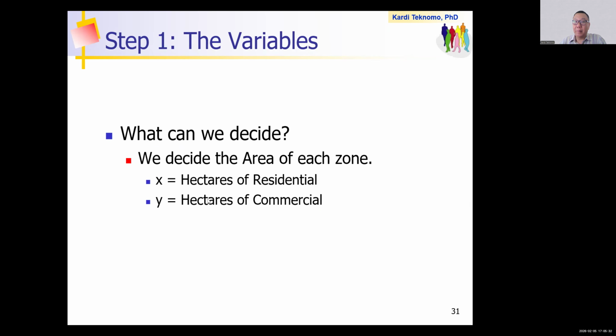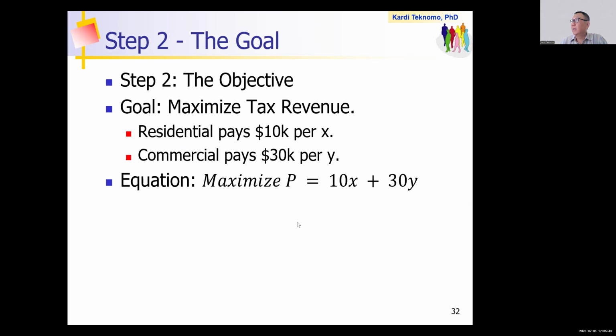We input this into mathematics, so you need to define the variables. Let's define x and y as the number of hectares of residential and commercial. Our goal is to maximize the tax revenue: residential pays 10,000 per hectare, and commercial pays 30,000 per hectare.